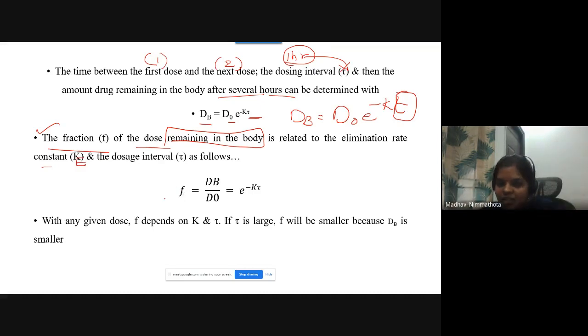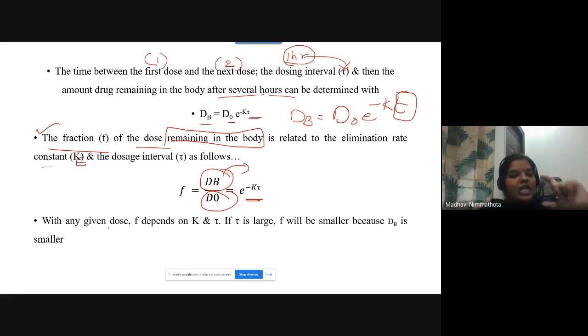For that reason, we calculate the fraction, D of B by D of 0. This is the drug remaining in the body, and this is the total amount of the drug available. This is equal to e to the power of minus k tau, the dosing interval.